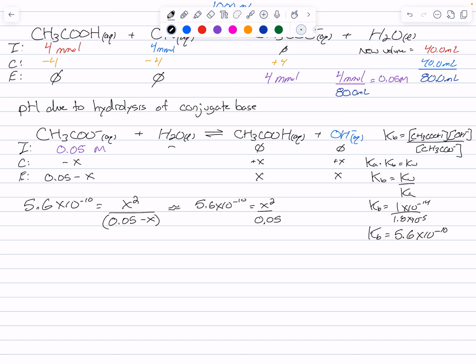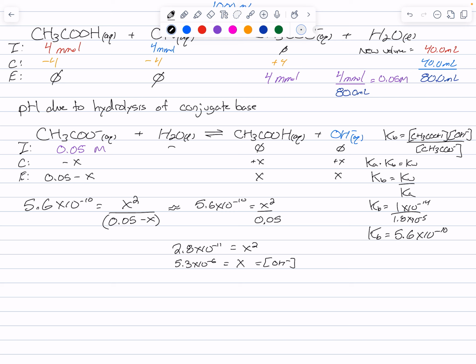So 5.6 times 10 to the negative 10 times 0.05 is 2.8 times 10 to the negative 11 equals x squared. And so 5.3 times 10 to the negative 6 equals x, which is the concentration of hydroxide.